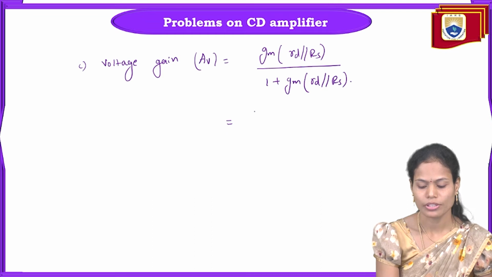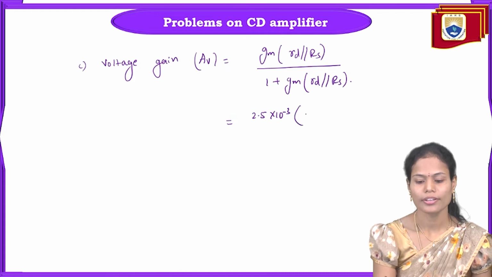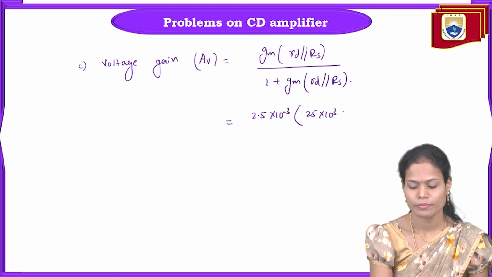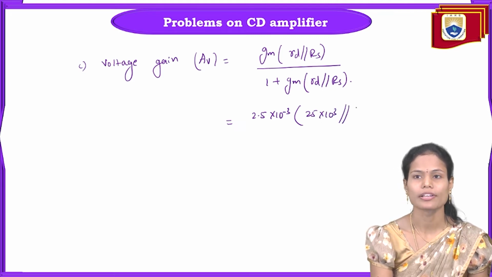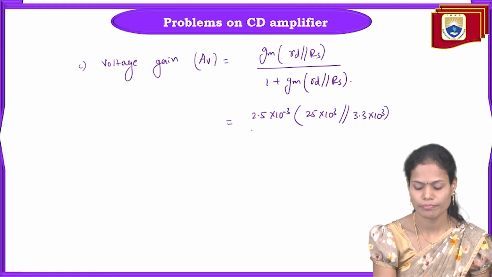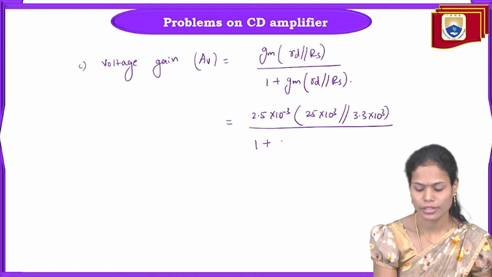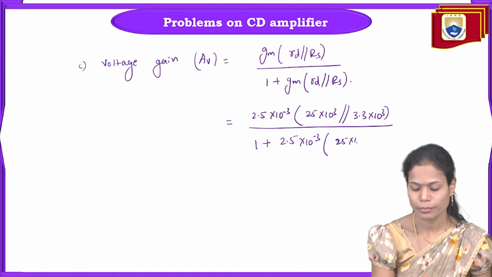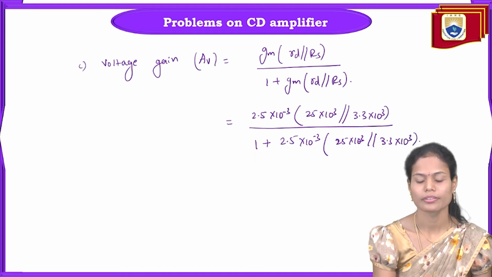So the values: gm value is 2.5 into 10 power minus 3, and the rd value is 25 kilo ohms, and it is in parallel with the source resistance 3.3 kilo ohms. In the denominator, 1 plus again gm, 2.5 into 10 power minus 3, into 25 into 10 power 3 in parallel with 3.3 into 10 power 3.